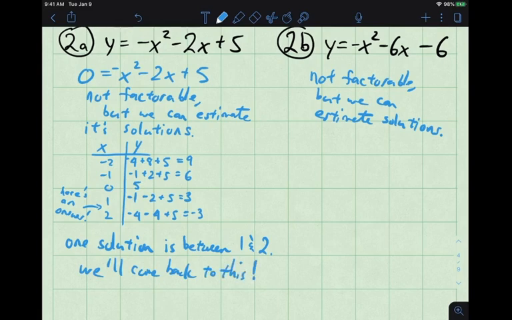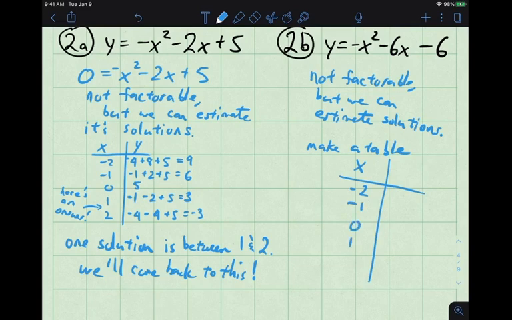We can try to at least start, make a table. This is more like guess and check. We'll try some numbers. Negative 4 plus 12 minus 6. Negative 1 plus 6 minus 6, negative 6. Negative 1 minus 6 minus 6.